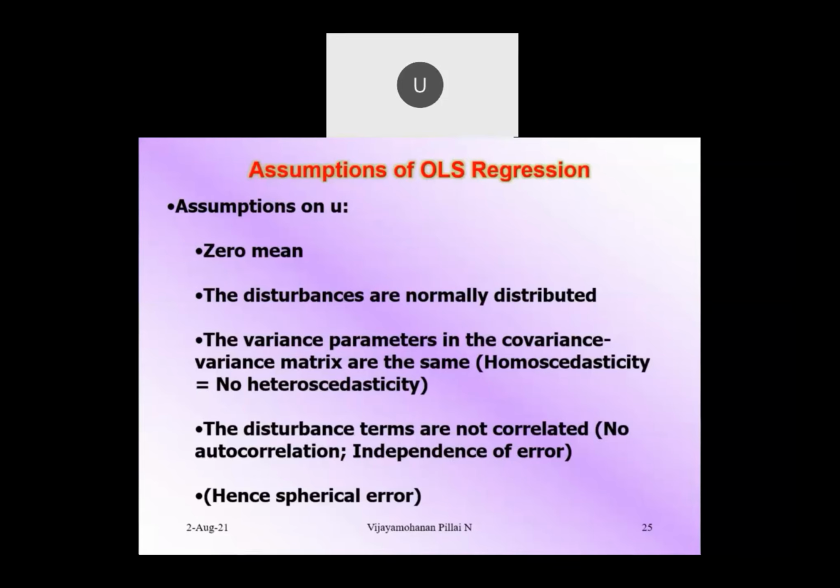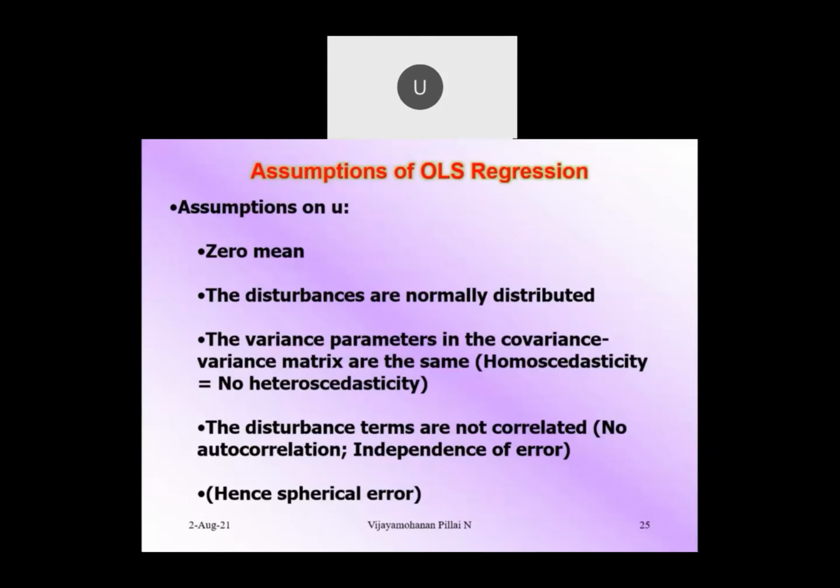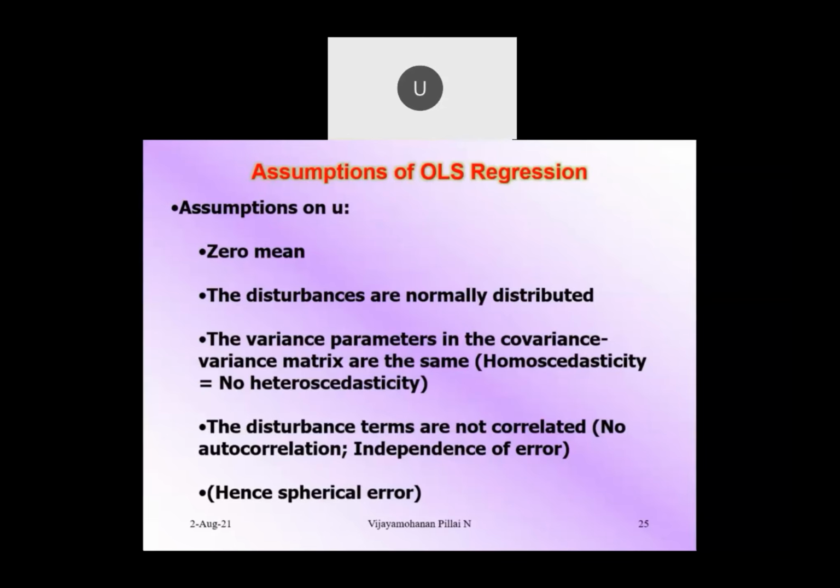If these three assumptions are satisfied, then our error term, this U, is called a spherical error. By a spherical error, we mean that the error term satisfies these three assumptions except the second one. It need not be normally distributed.